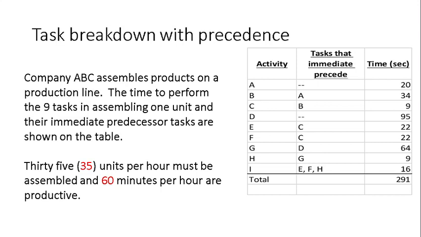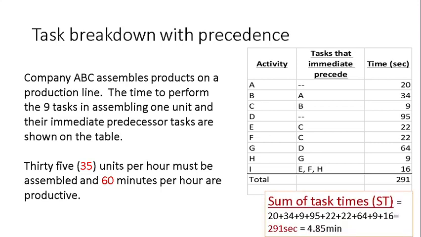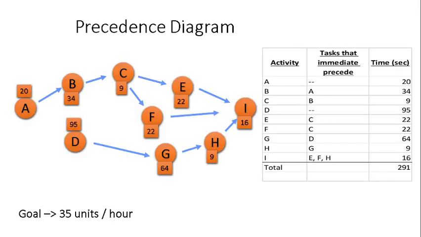Of course, if we add all those times, we get the sum of task times, which is 291. The next step is to design the precedence diagram to identify how we will assign the tasks into workstations. So in this case, I have designed the precedence diagram following the table.